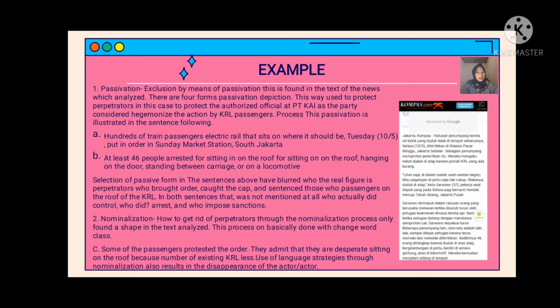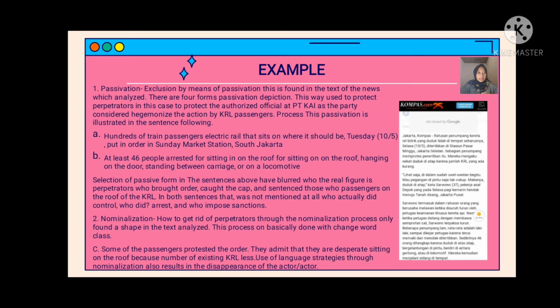And then the next one: there were at least 46 people arrested for sitting on the roof, hanging on the door, standing between carriages or on a locomotive. The selection of the passive form in the sentences above has blurred who the real perpetrators are, who carried out the control, arrested, and sentenced the passengers on the roof of the KRL.